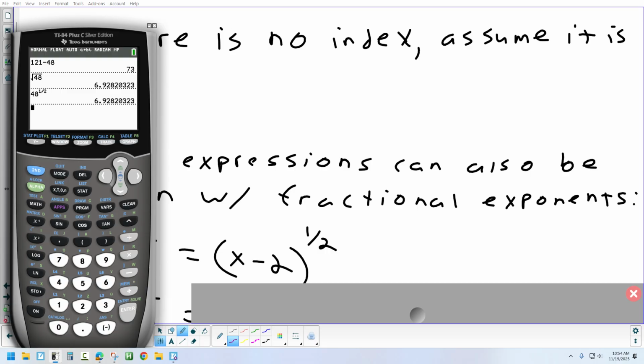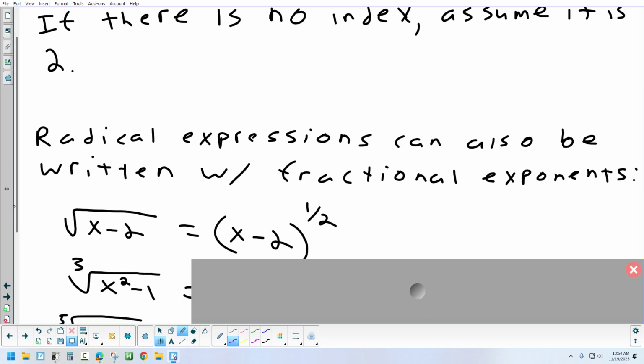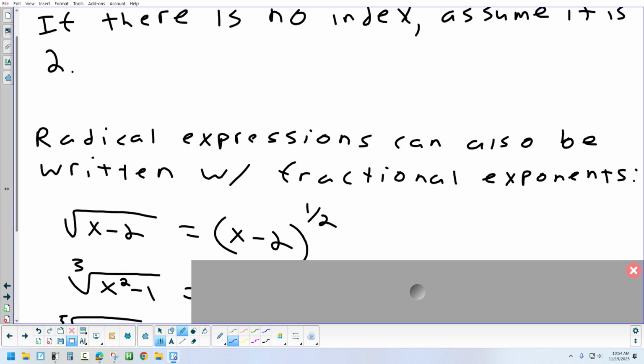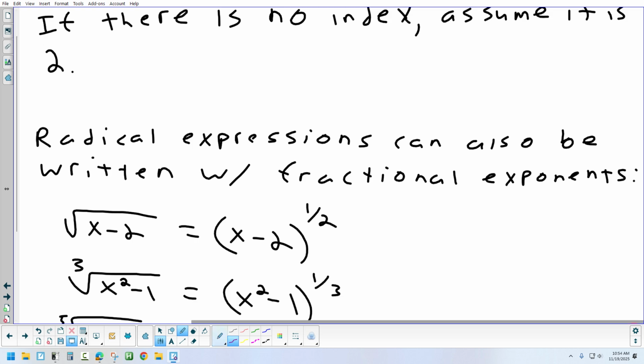Raising to the 1/2 means square root. What do you think cube root would be if you didn't want to write it with the cube root symbol? We could raise it to the 1/3. Taking the cube root is the same as raising to the 1/3.